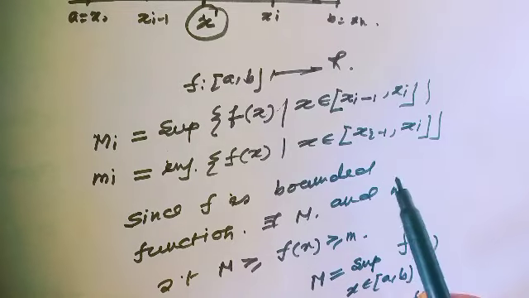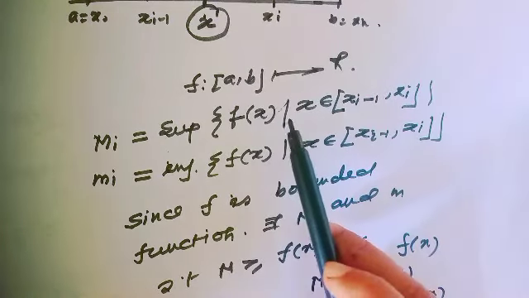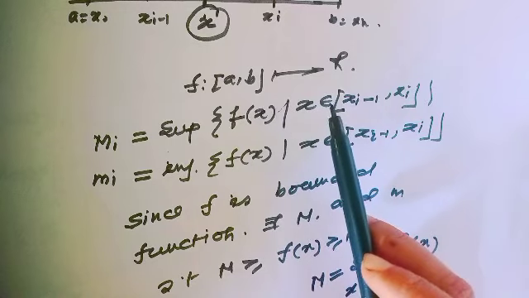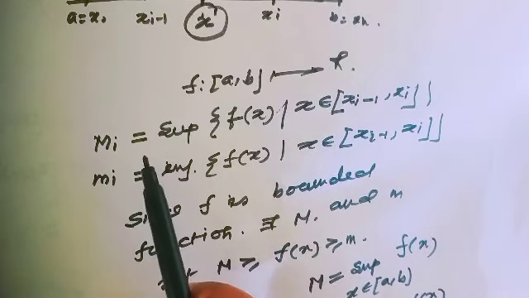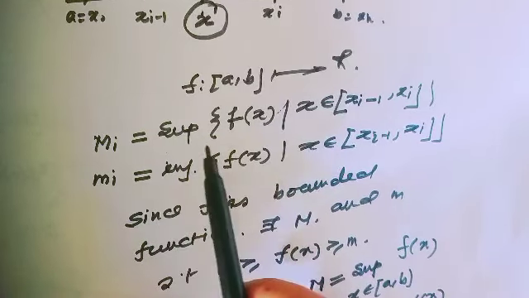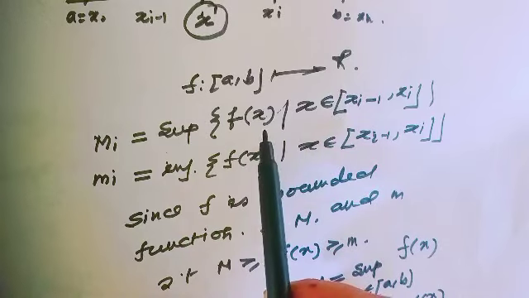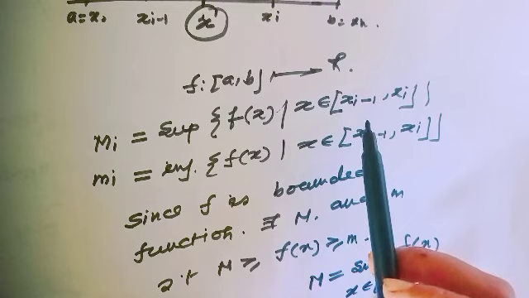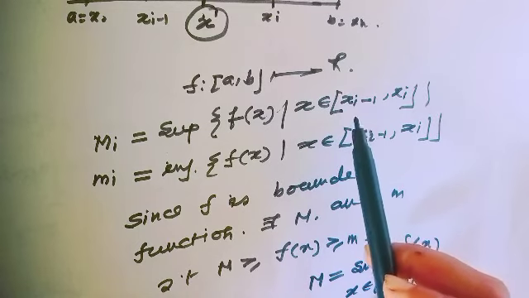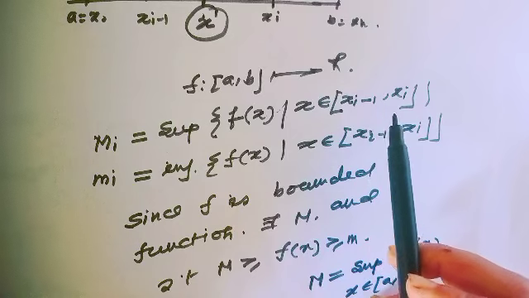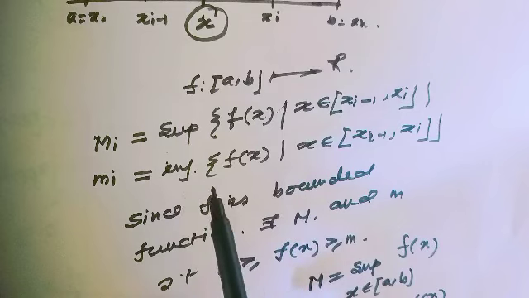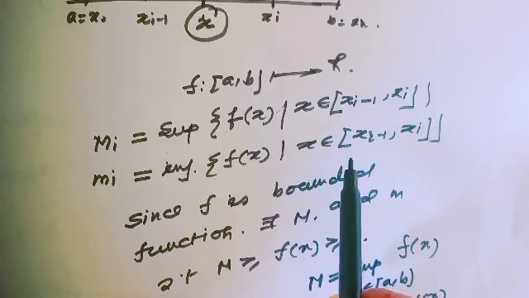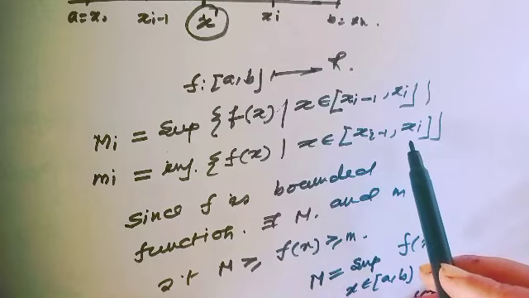Now I will see some interesting thing also. I have defined f from the closed interval ab to R, and I have defined capital Mi equal to the supremum of the function f(x), where x belongs to the closed interval x(i-1) to xi, and small mi is the infimum of f(x) where x belongs to the closed interval x(i-1) to xi.